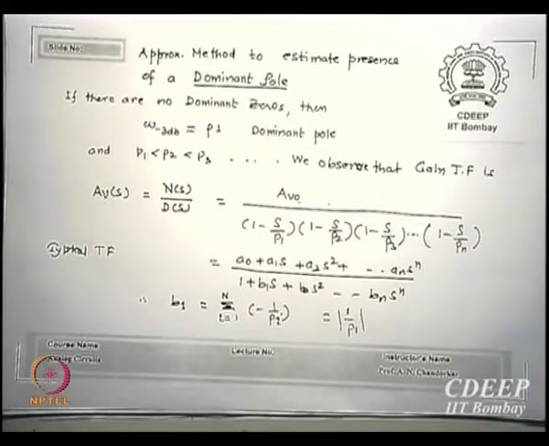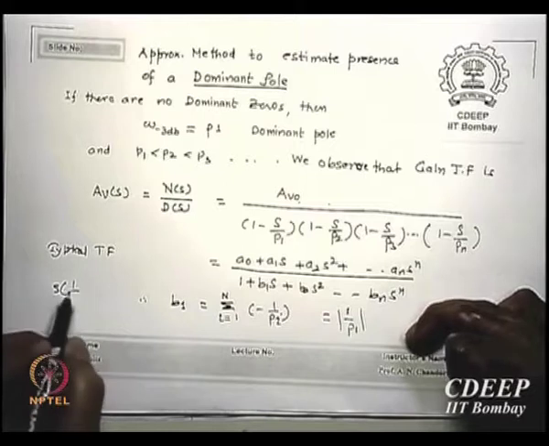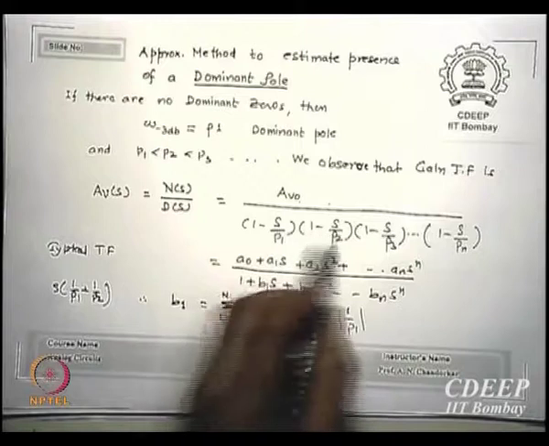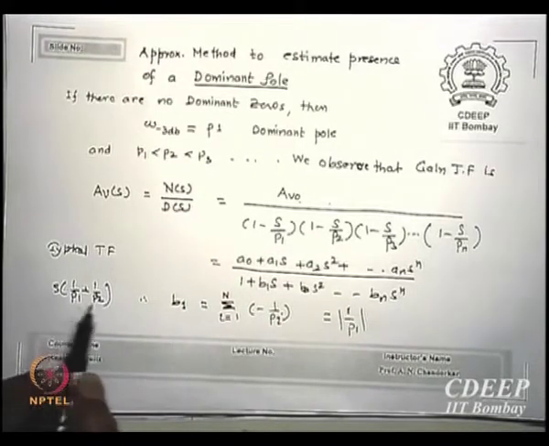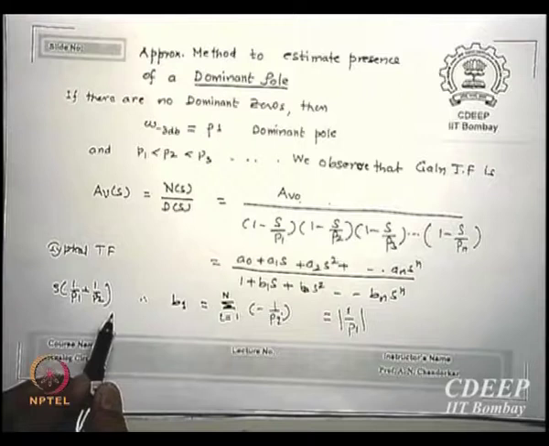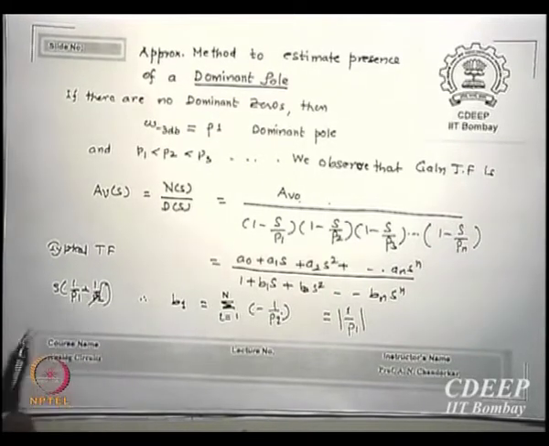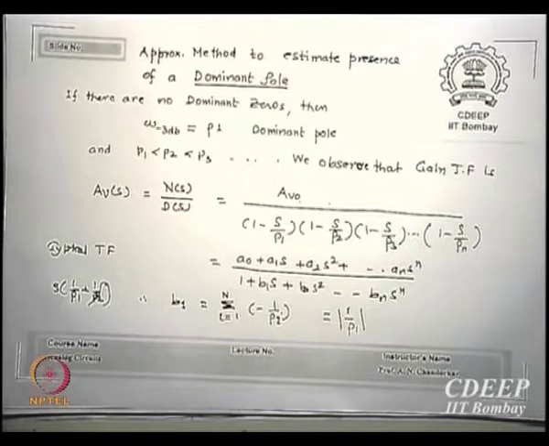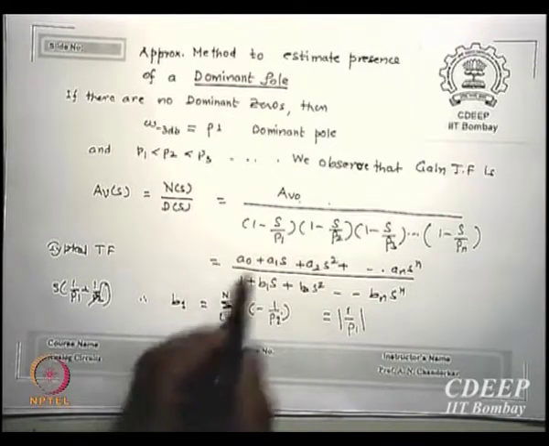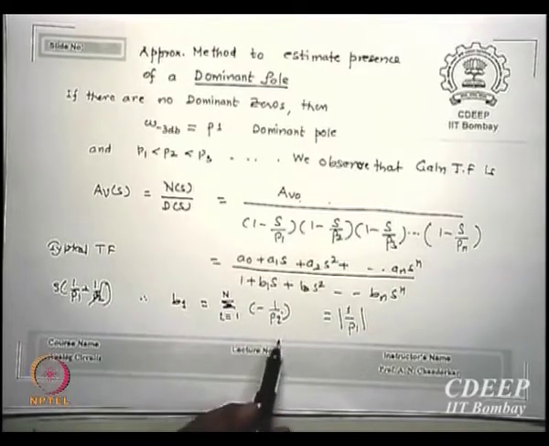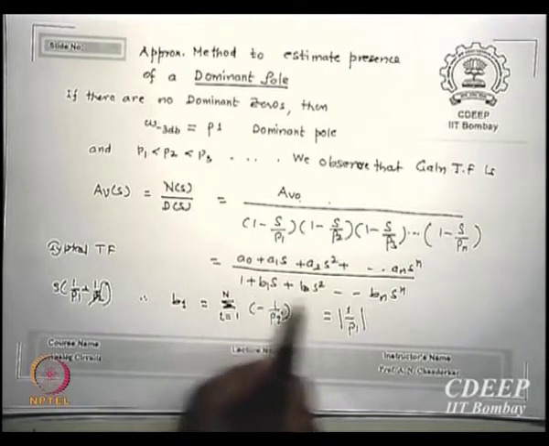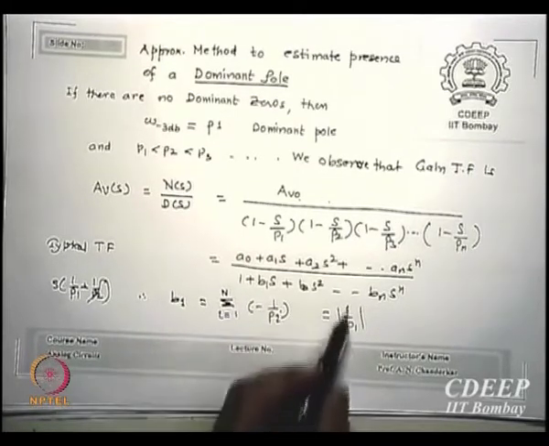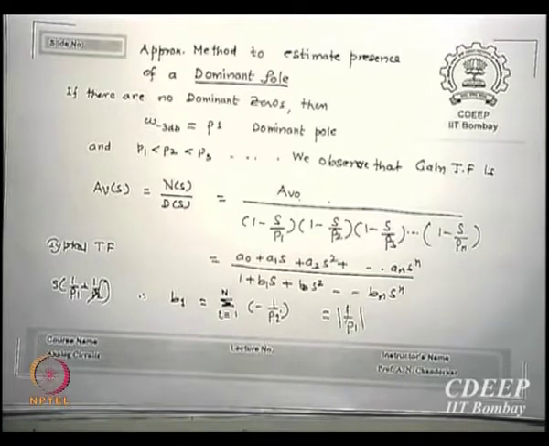So what I am going to get is something like 1 upon P1 plus 1 upon P2, if I make the product of this. But I already said P1 is smaller than P2, so I neglect this and say the coefficient is essentially related to S by P1 only. Is that clear? The coefficient B1 here is nothing but the sum of all such 1 upon Pi, and so the dominant pole is 1 upon P1.